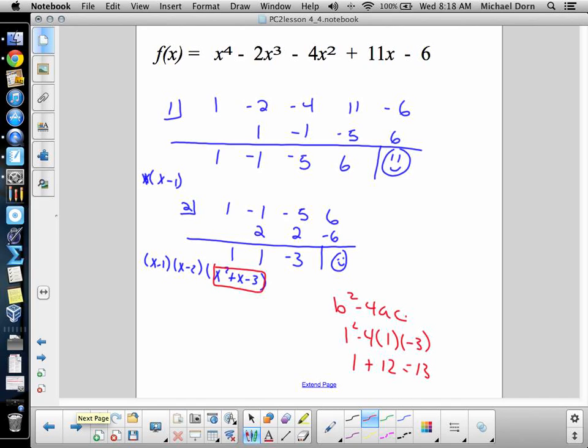So it's going to be plus or minus the square root of 13 in the quadratic formula. That's not going to simplify, is it? My other roots are going to be negative 1 plus or minus the square root of 13, over 2. But those are not rational roots. They're irrational.